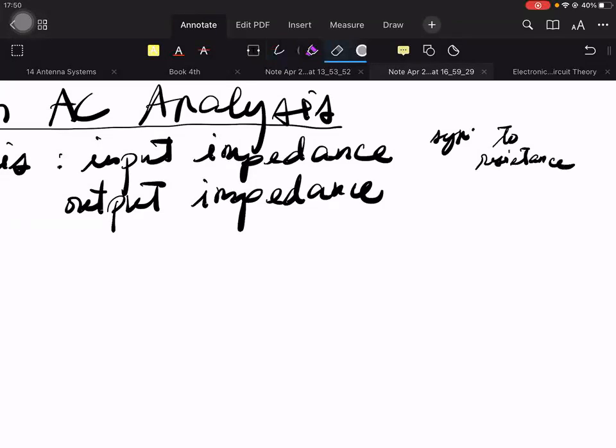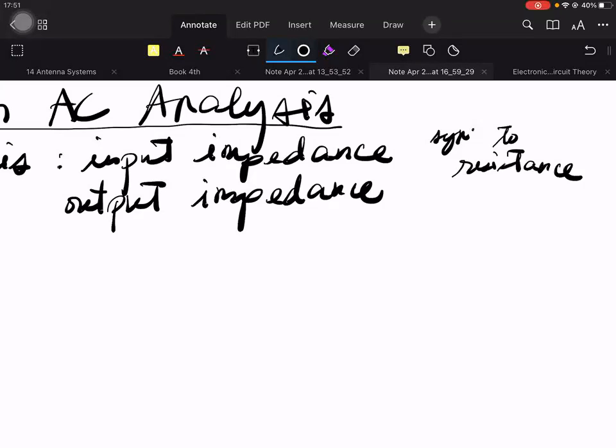So when we say impedance, it's more of an AC domain resistance. If our impedance does not have an AC component, specifically no reactance, then impedance and resistance are equal. So impedance is synonymous to resistance.